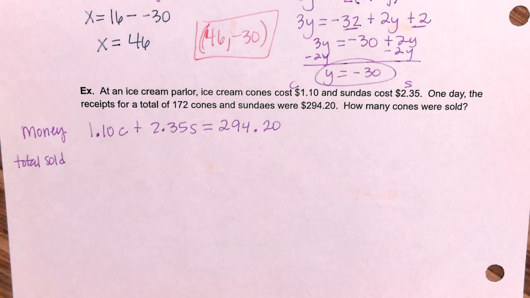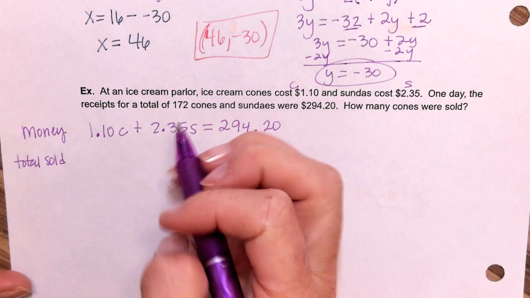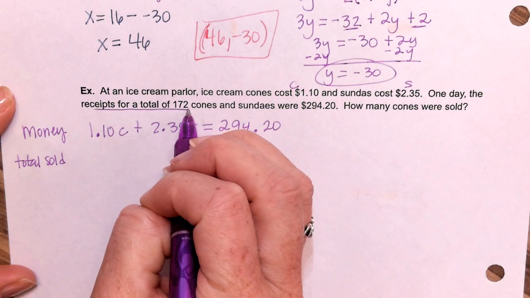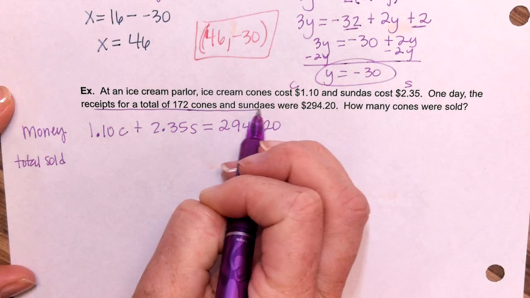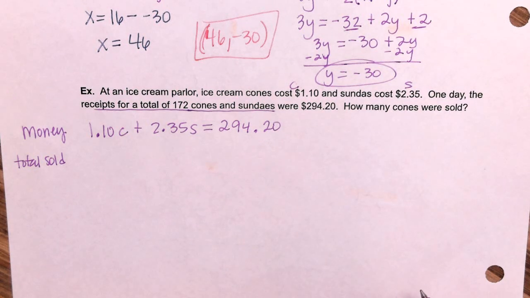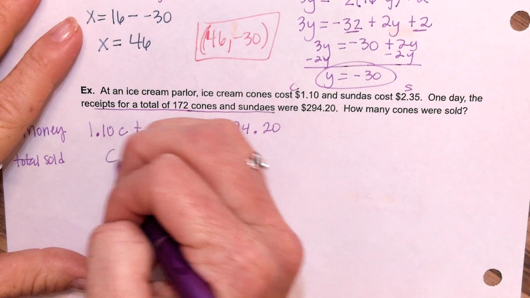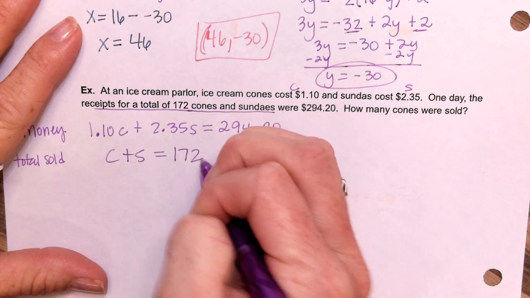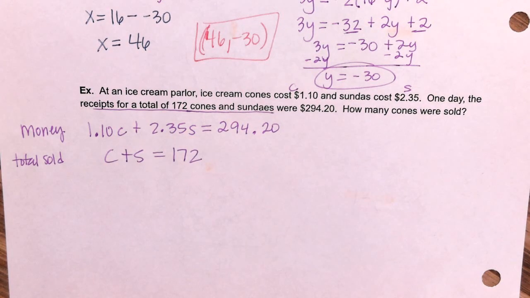So I'm done with money. I just want to talk about this number right here. They sold a total of 172 cones and sundaes. C plus S equals 172. Perfect. Their cones plus their sundaes sold were equal to 172. Do y'all see where we got that from?